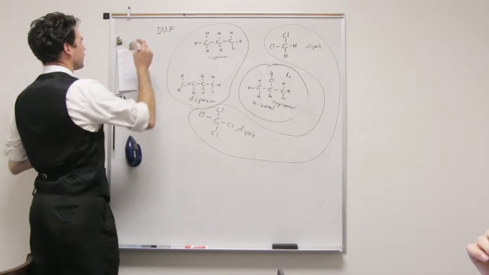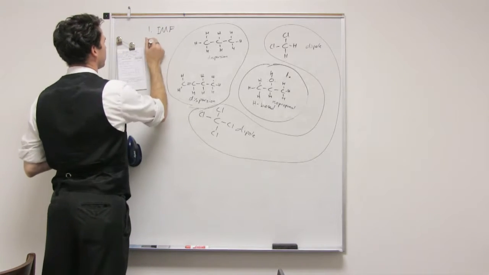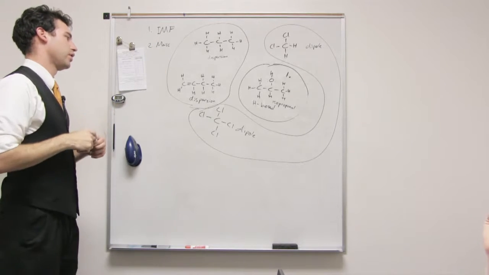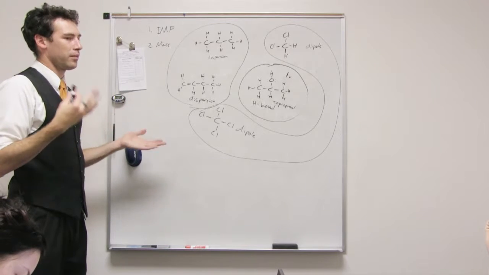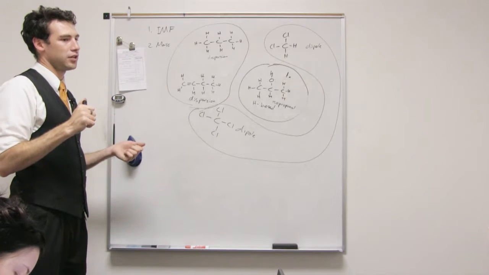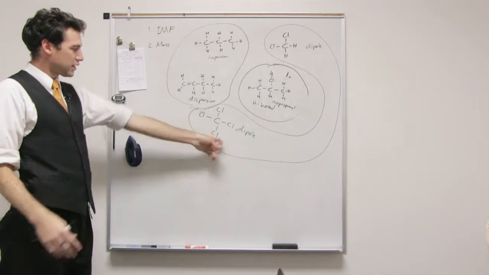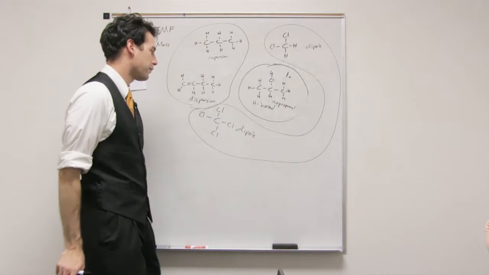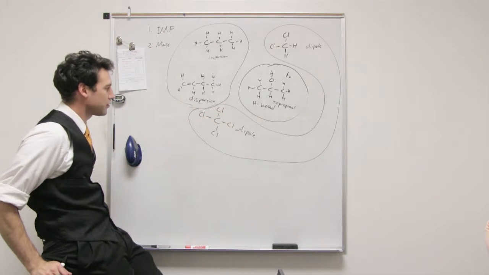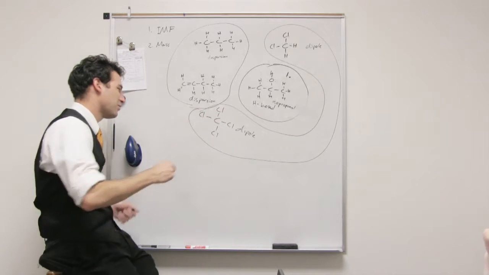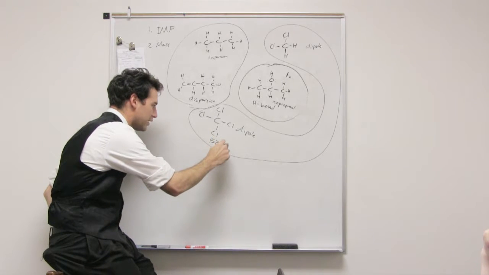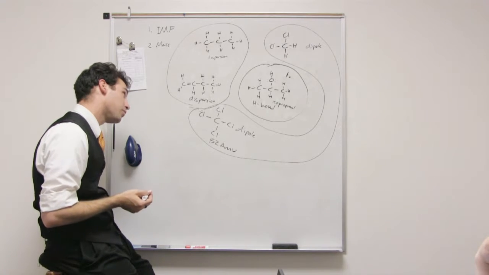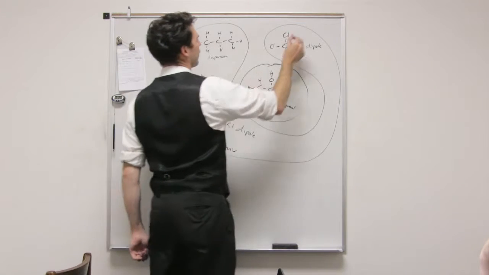Now this is where the second thing comes into effect: mass. The heavier you are, the more energy you're going to require to separate. This one, each chlorine has a mass of about 35, so 70, 70, so 140, 152 AMU roughly. Whereas up there we got 70 plus 12, so 82, 84 roughly.